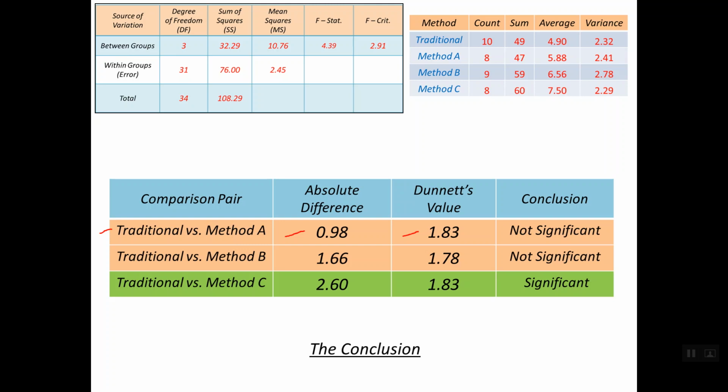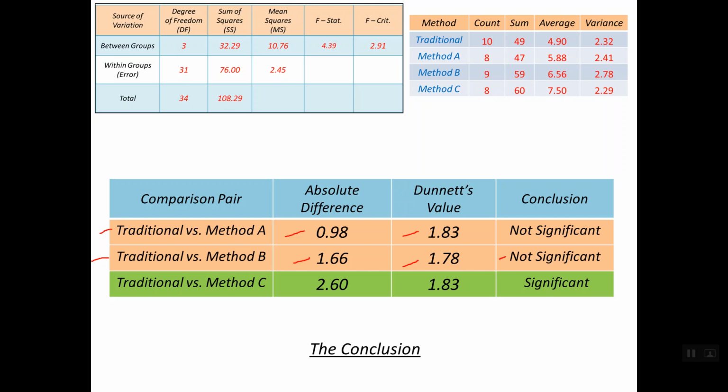Regarding the second comparison, which is between the traditional method and method B, the absolute difference between the two means is 1.66, and the calculated value for the Dunnett's test is 1.78. So again, the absolute difference is less than the value for the Dunnett's.